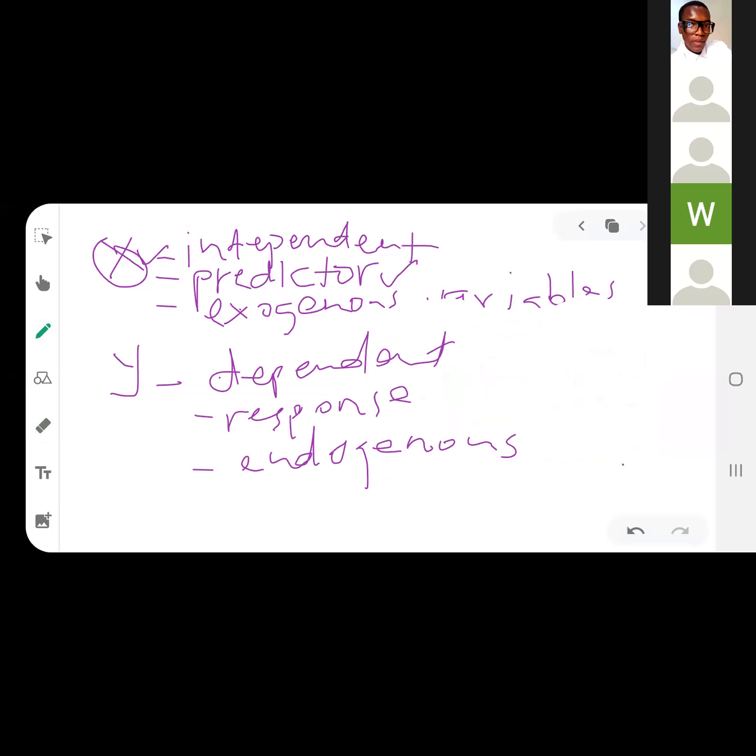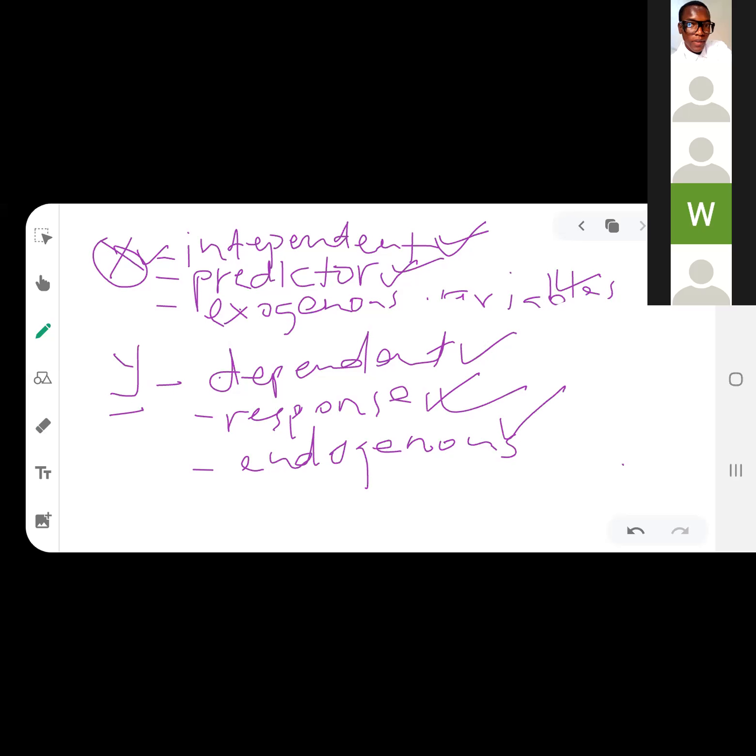So when the lecturer uses independent, independent goes hand in hand with dependent. Predictor goes hand in hand with response. And exogenous goes hand in hand with endogenous. So why is y referred to as a response variable? A response variable or a dependent variable is the variable that we wish to explain, the variable that we wish to predict.